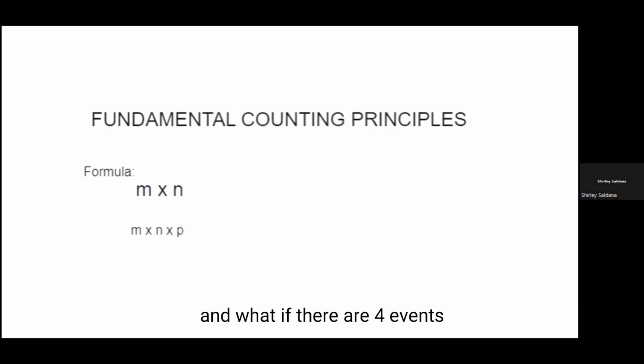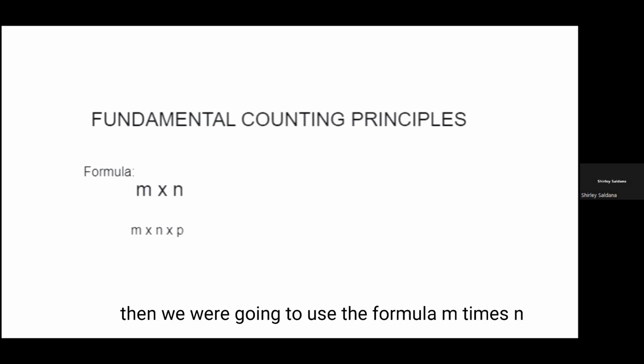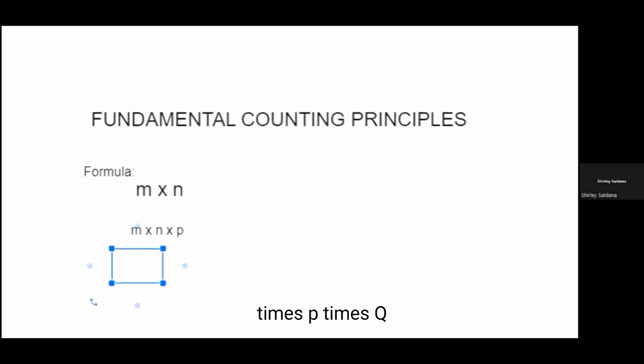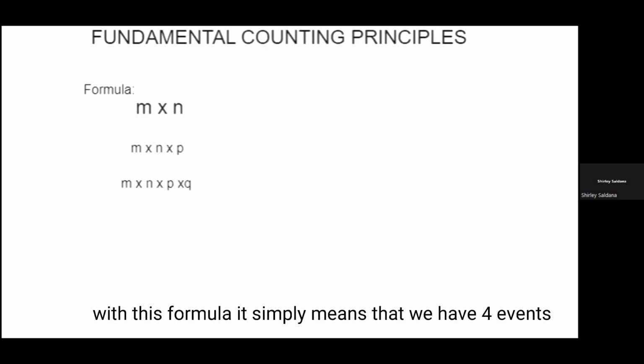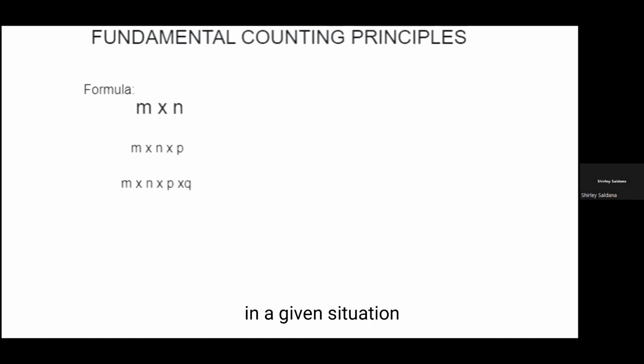And what if there are 4 events? Then we are going to use the formula m times n times p times q. With this formula, it simply means that we have 4 events in a given situation.